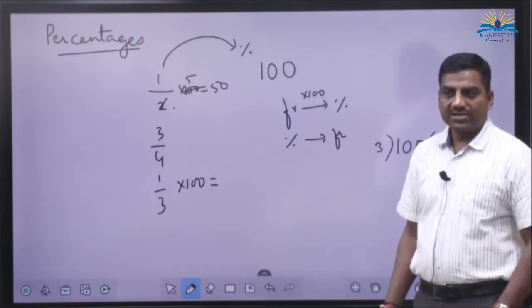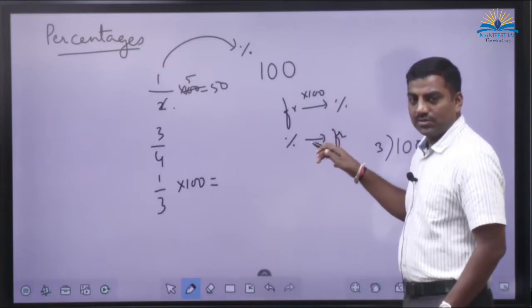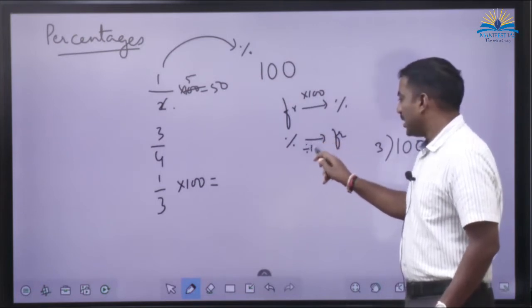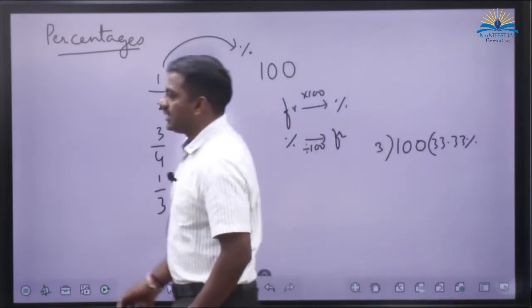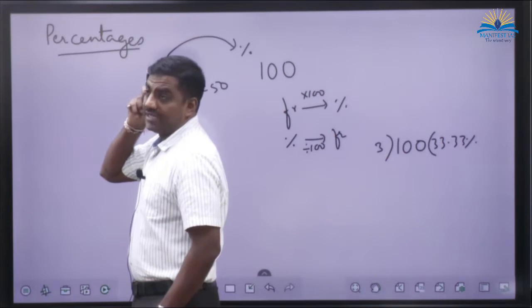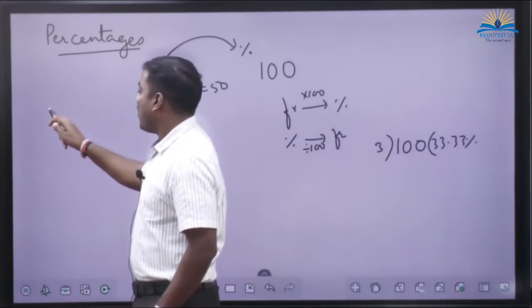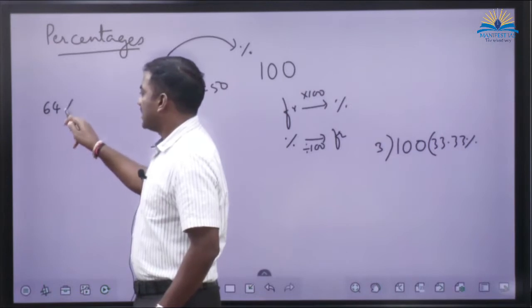How do you do it? Opposite of this, no? Divide by 100. If somebody has given you the percentage of, let's say, around 64%.